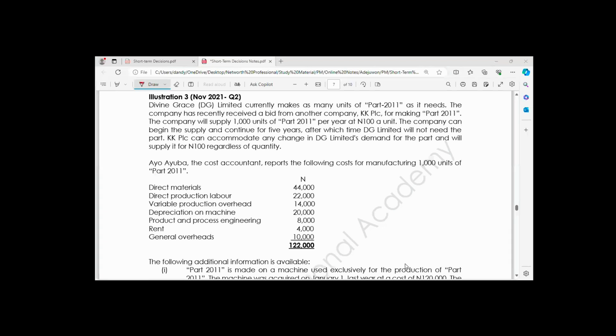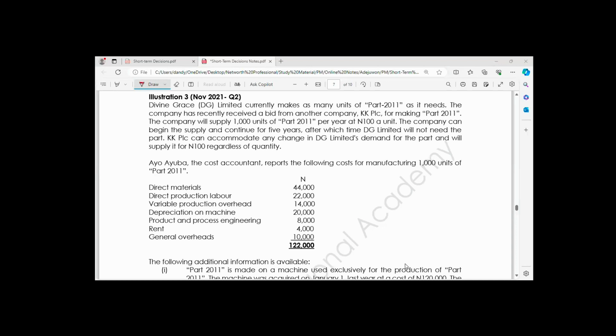The company can begin the supply and continue for 5 years, after which time DG Limited will not need the parts. KKPSC can accommodate any change in DG Limited's demand for the parts and will supply it for 100 Naira regardless of quantity. Ayo Ayuba, the cost accountant, reports the following costs for manufacturing 1,000 units of part 2011.